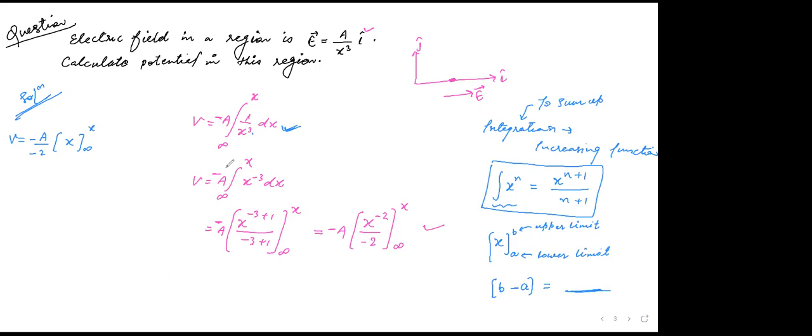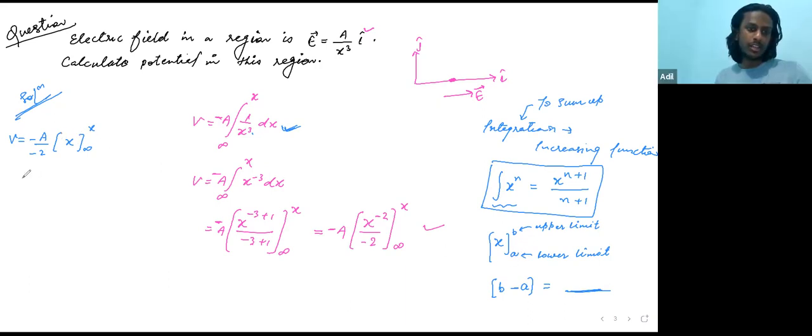Now similarly we are going to do this part. This minus will cancel with this minus, you get a over 2. At the position of x, first we put x, then the unchanged value, minus infinite. We get a over 2 into x.